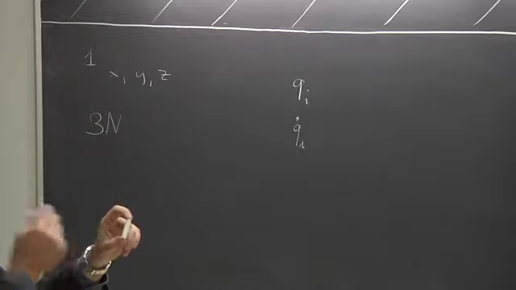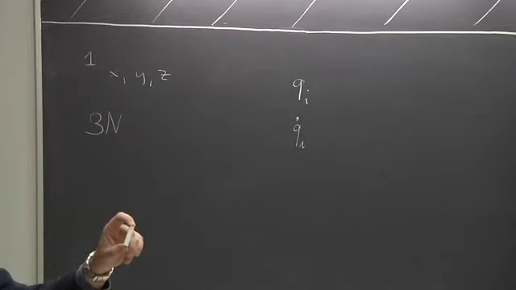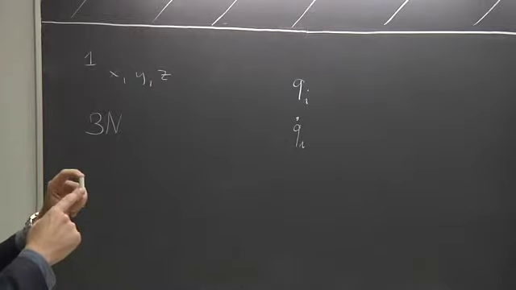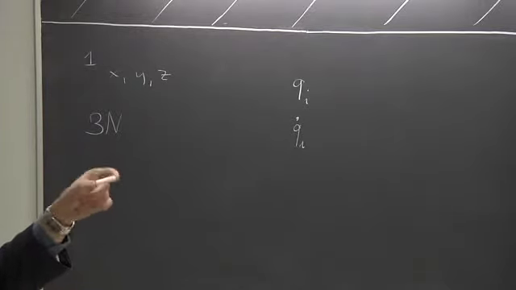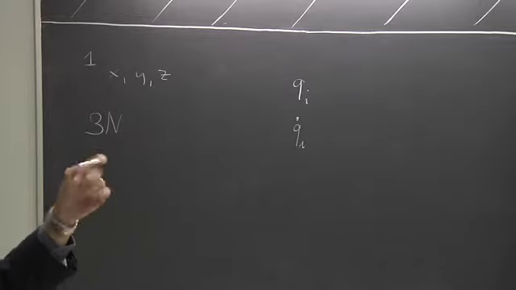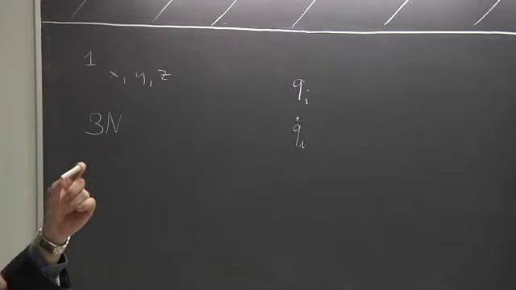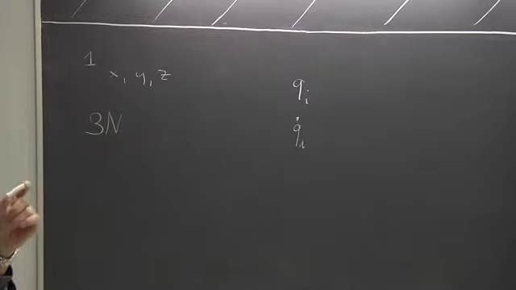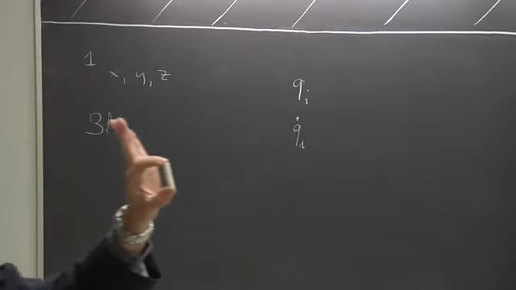Now, to fix the center of mass, that's a point, so you need 3 coordinates, right? But then once you have fixed the center of mass, the body can still rotate about the center of mass. So I guess you need 3 more coordinates, maybe some angles there. So you need 6 to completely fix this.